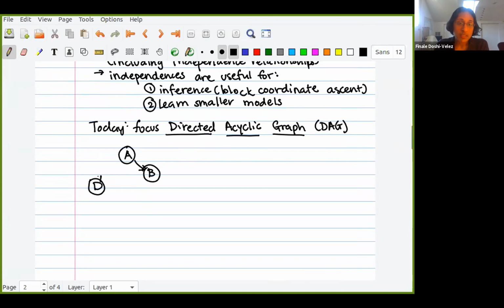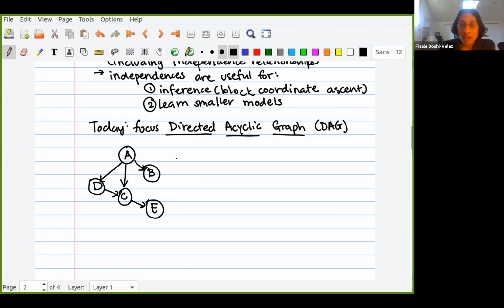Directed means that these edges have arrows associated with them. And acyclic means that there are no cycles in this graph. If this arrow was pointing in the other direction, that would be a cycle from A, D, C back again. But here, all the arrows point coming outward from somewhere, or several somewheres perhaps. And so there are no loops in the graph.